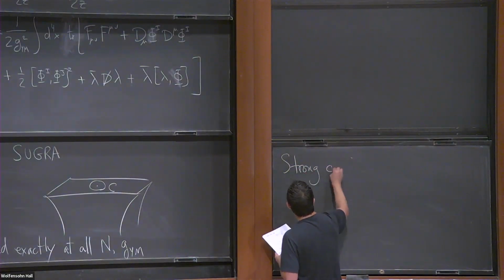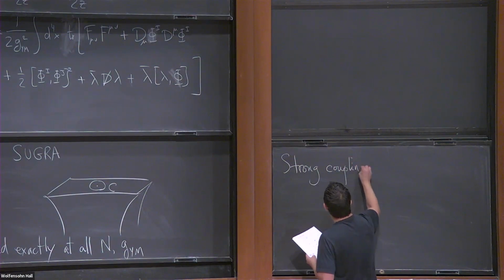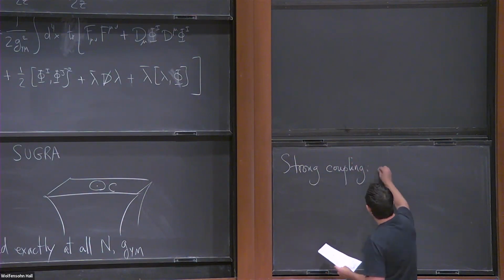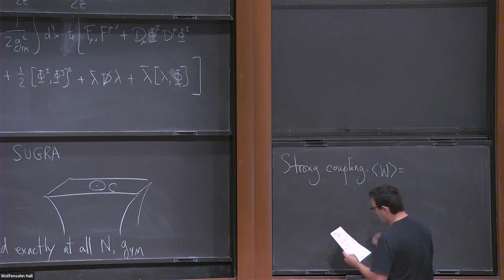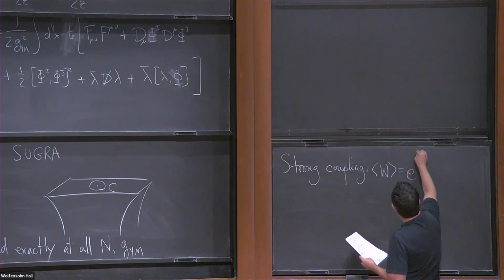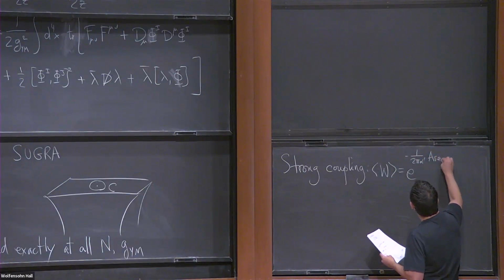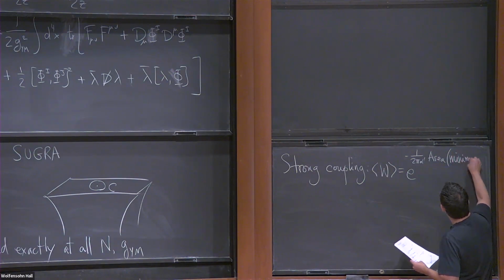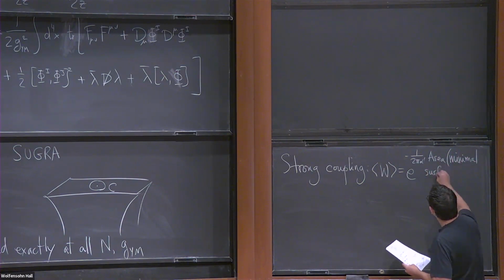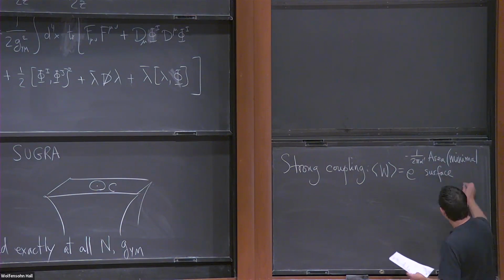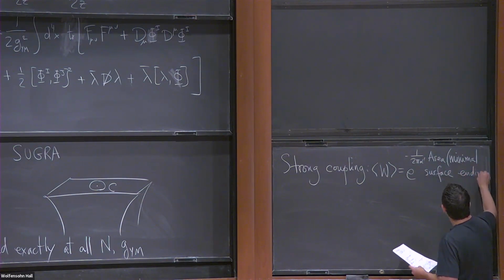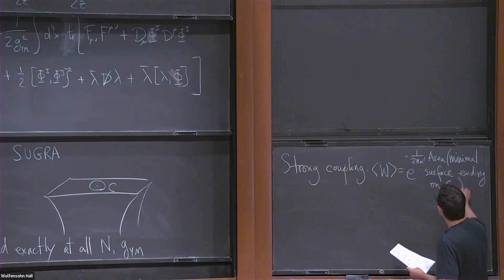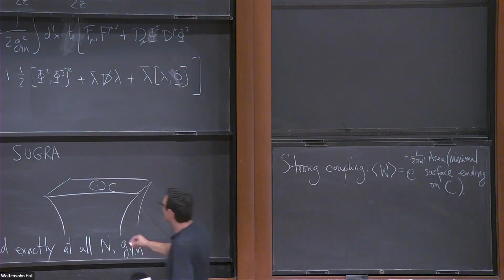So at strong coupling, the rule for computing the expectation value of the Wilson loop is that this is e to the minus 1 over 2 pi alpha prime times the area of the minimal surface that ends on the contour C. So we have to continue this in the bulk.